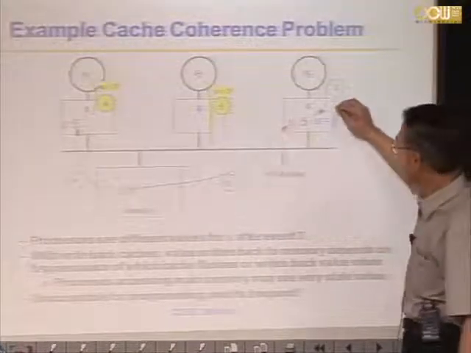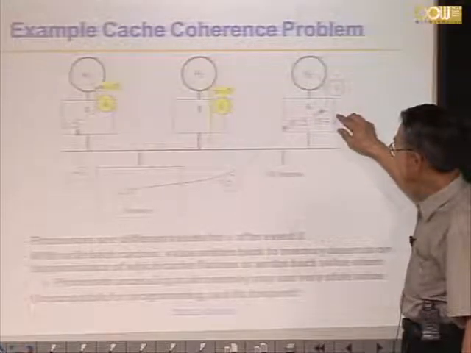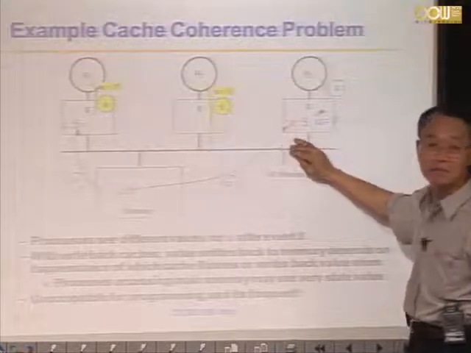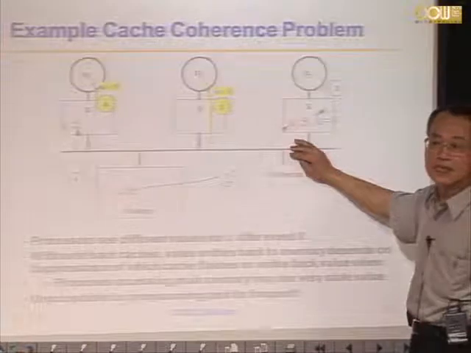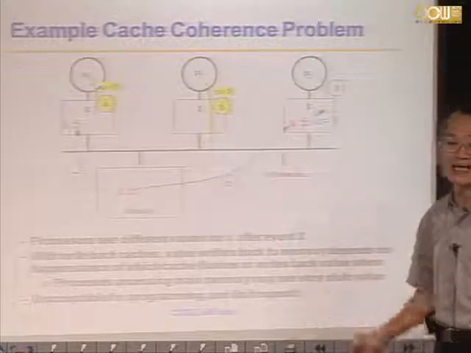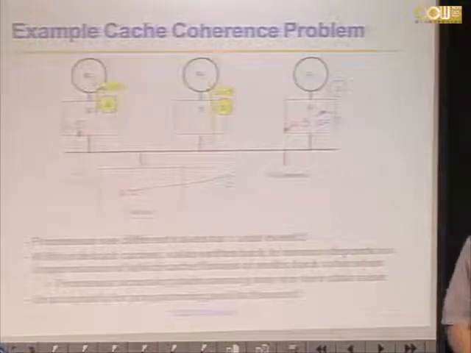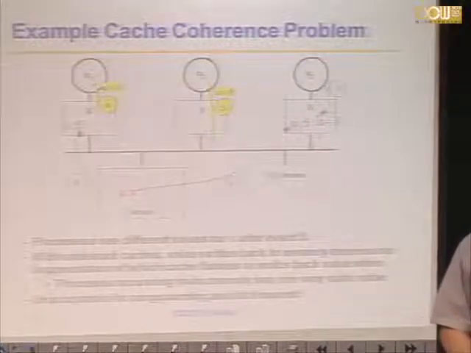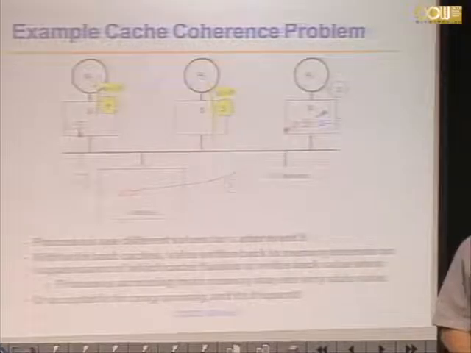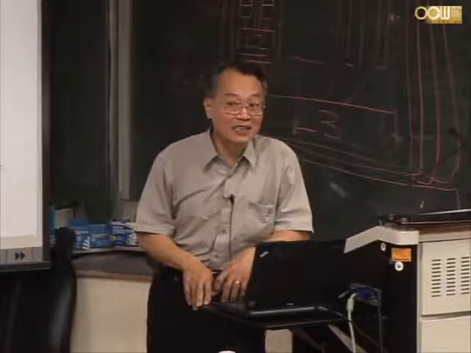Okay? But when you do broadcast, you need to have the medium. Some interconnection doesn't handle broadcast very well. What handles the broadcast the best? You might say bus, but I may not agree with you.